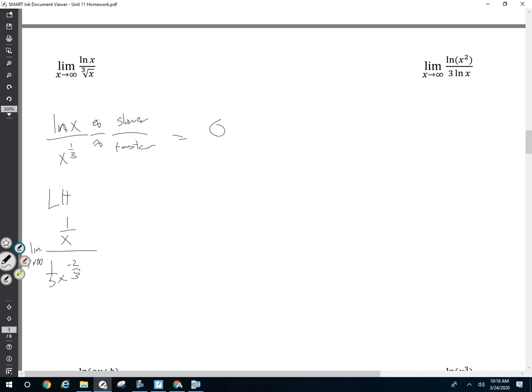Man, how can you do this with L'Hopital's rule? Let's see. Watch this. I can go 1 over x. This is 1 over 3x to the 2/3. I'm going to simplify this. This is 1 over x times 3x to the 2/3 over 1. You could simplify this. Remember when you're dividing, you subtract.